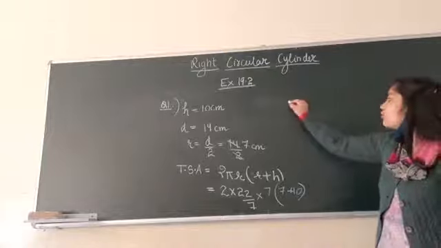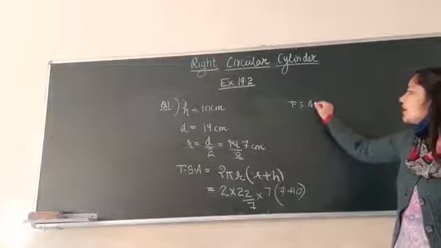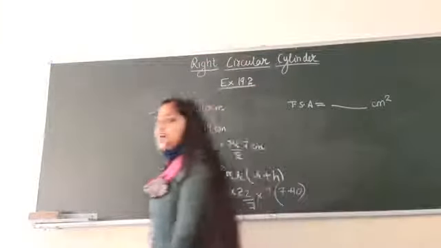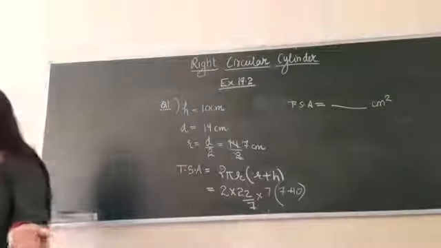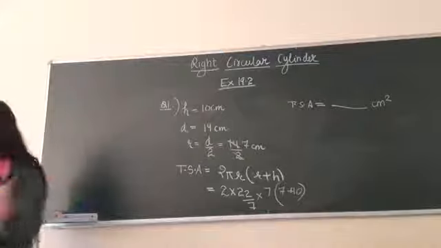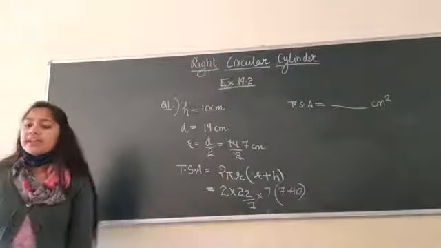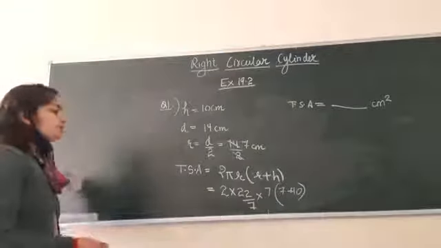Yes. So you will calculate total surface area yourself, and with this, what units you will write? Centimeter square. Because for area, your units are in squares. You write meter square or centimeter square or whatever. Clear? Any problem in question 1?